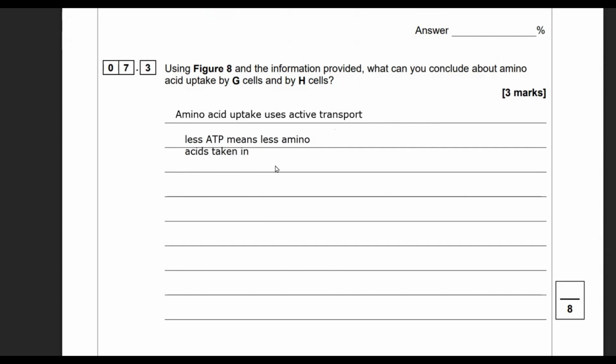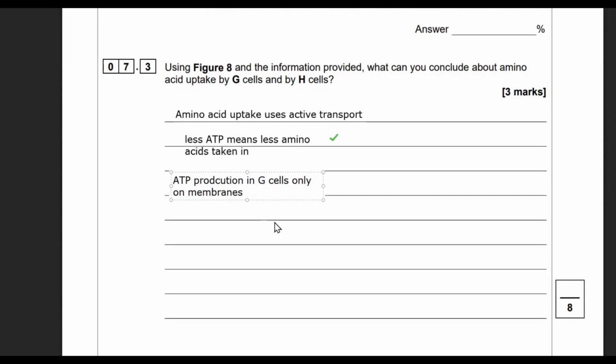What else do we need to say here? Aha, ATP production. Which one did it disappear in? It disappeared in the G cells. So ATP production in the G cells is only on the membranes.